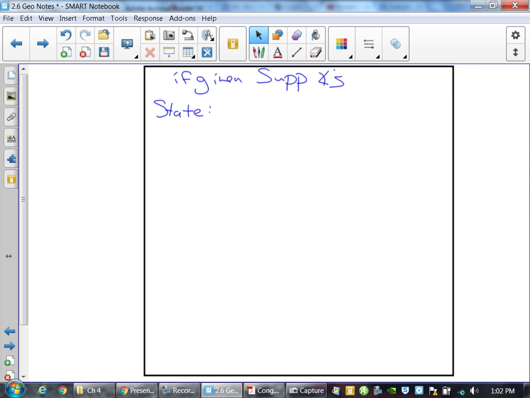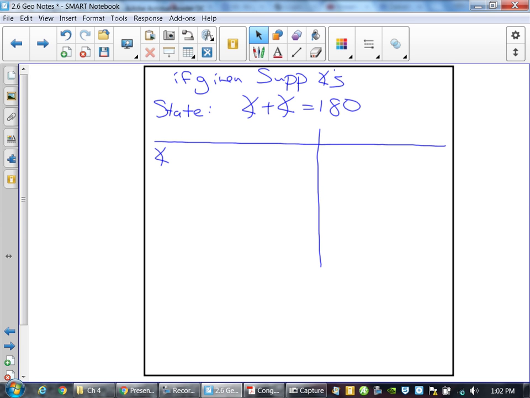So we know that some angle plus some other angle is 180. Example-wise, we'll say angle 1 and angle 5 are supplementary.